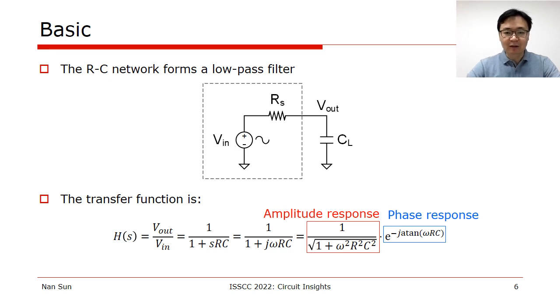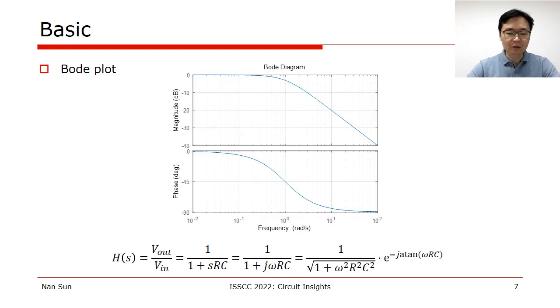As shown here, the first part, in red, is the amplitude response, and the blue one in the second part is the phase response. We can draw the magnitude plot and phase plot in this graph, which is called the Bode plot. The magnitude and the frequency are usually in decibels.